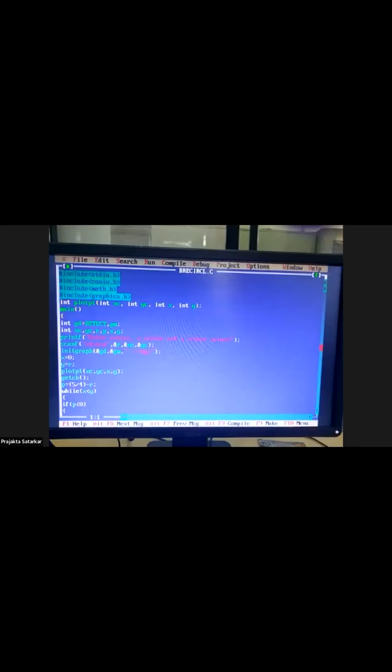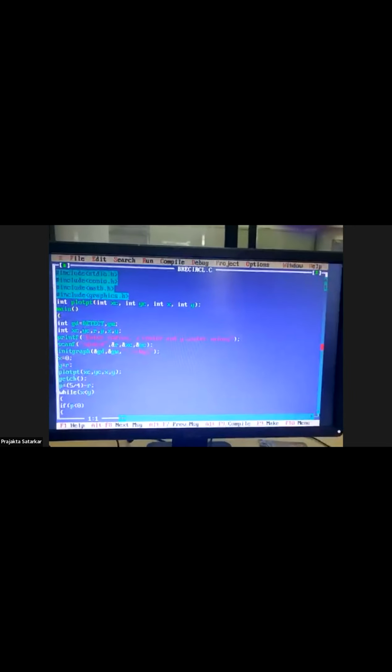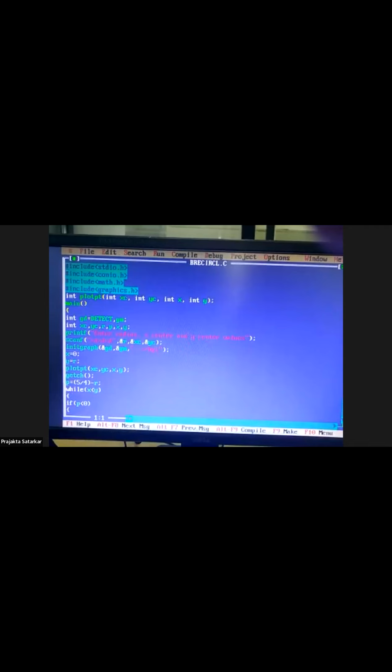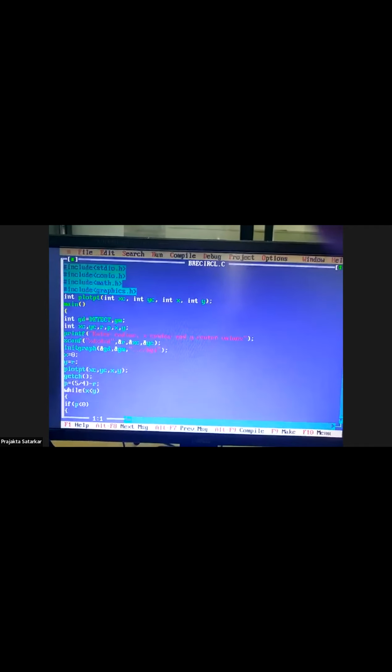In the Bresenham circle generation algorithm, what we do is initialize the center of the circle, considering the origin as the center, and we start with a point on the y-axis. So the x value is 0 and the y value equals r.